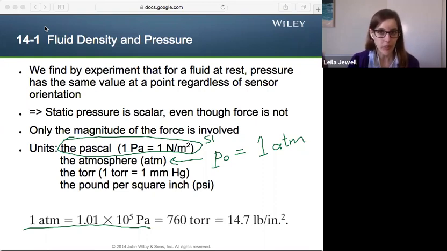And it's like, oh yeah, it should be about 30 PSI. That PSI is pounds per square inch, and there are 14.7 pounds per square inch in 1 atmosphere. So these are all conversion factors that you can use to go back and forth between the different pressures. So hopefully that gives you some idea. This has now introduced the ideas of density and pressure. We'll wrap up right there.